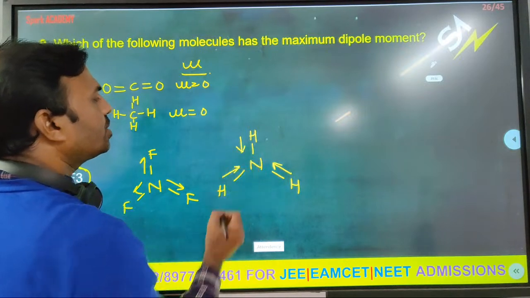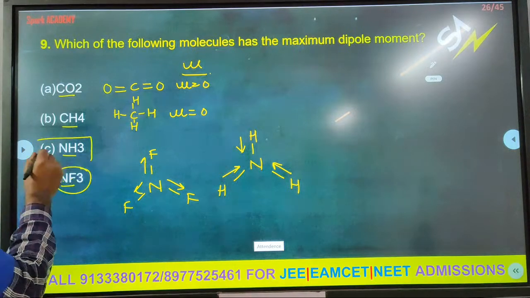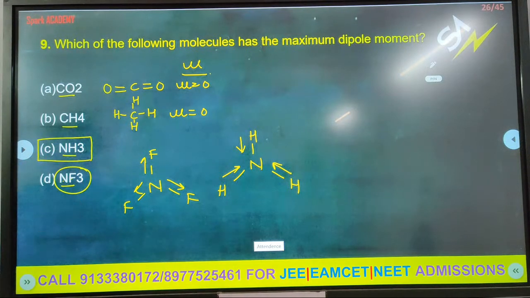So in ammonia, compared with the remaining molecules, the dipole moment is maximum due to its structure, and the central atom is more electronegative than the surrounding atoms. So for the ninth question, the answer is C. The dipole moment is maximum for the ammonia molecule.